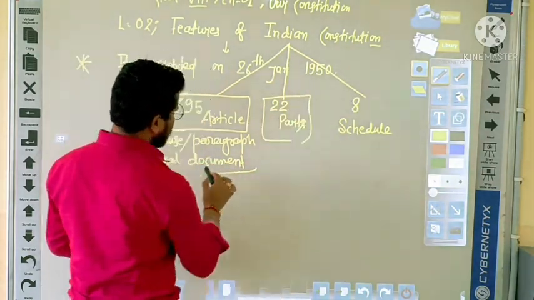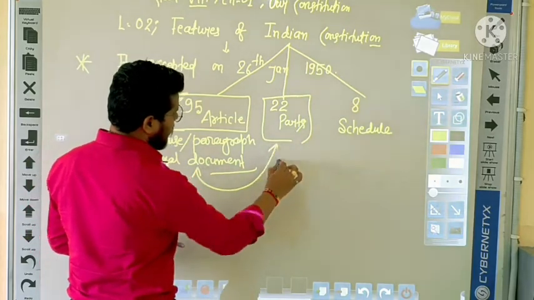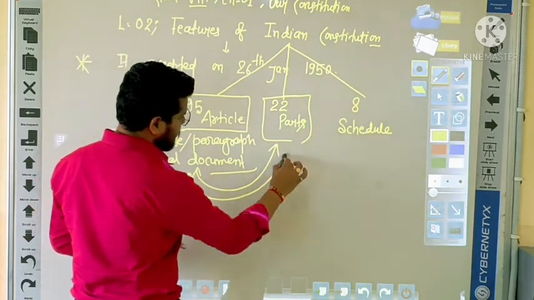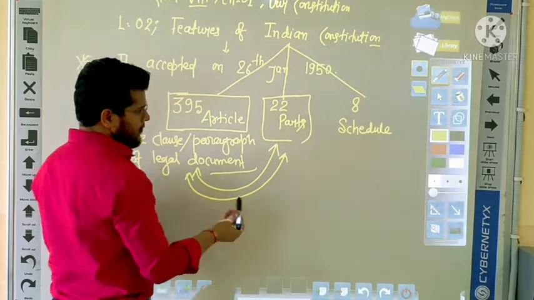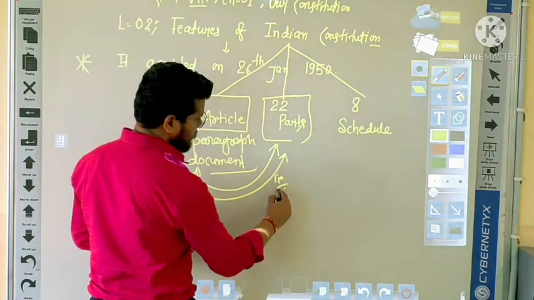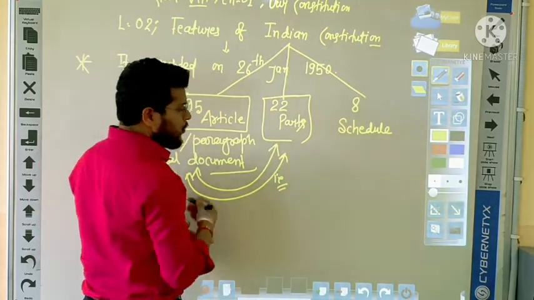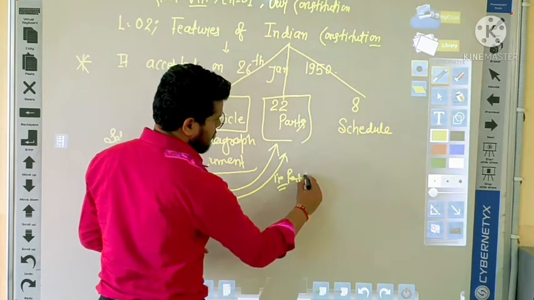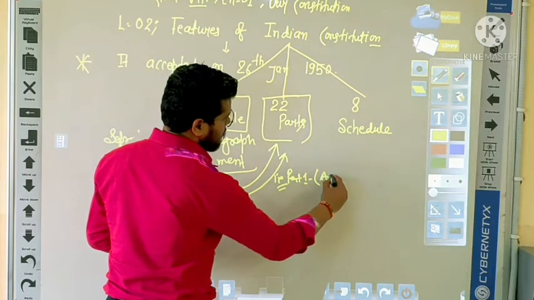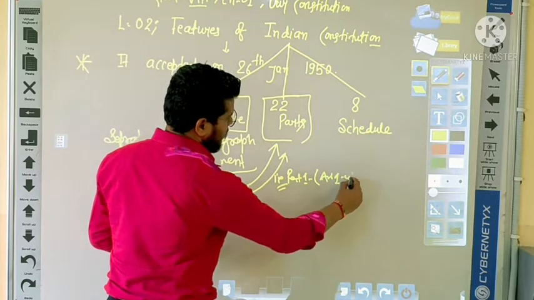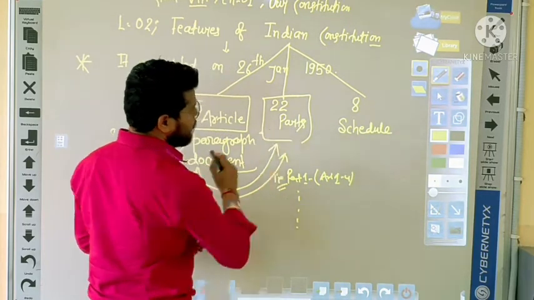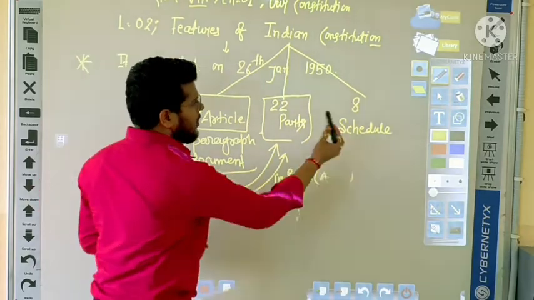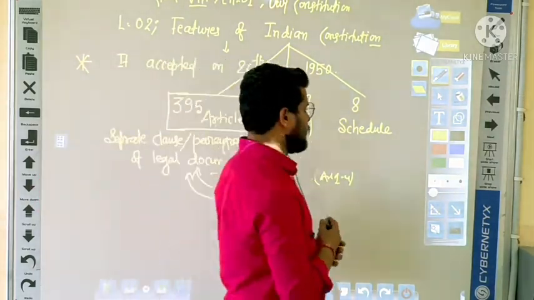Now part, yes, it is very easy. All these articles come under this part. For example, I just showed you in the images, part 1 has articles 1 to 4, and so on, 22 parts. Now come on to schedule. What is a schedule?